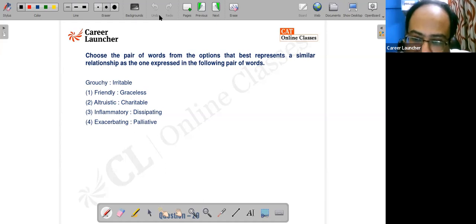Sambhav, 29th is correct. 31 is correct. 30 you have not typed in the answer. 30 is also correct. Very good. All three correct, Sambhav.